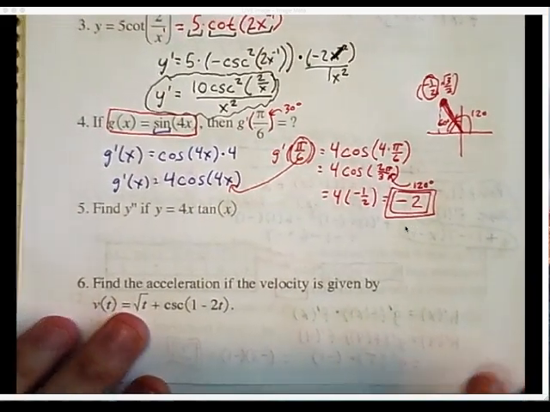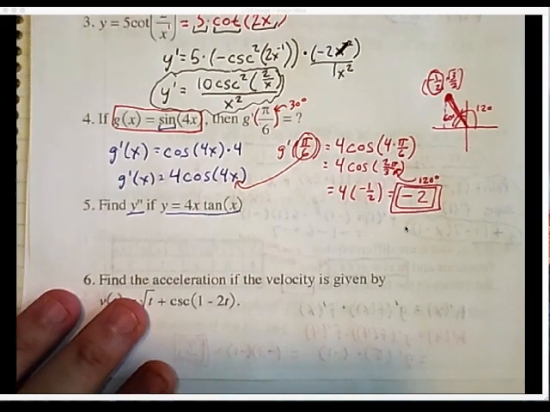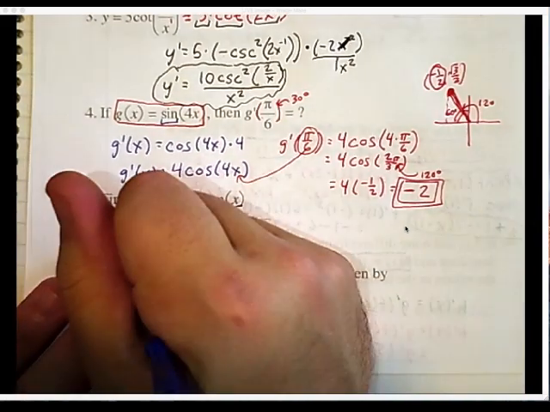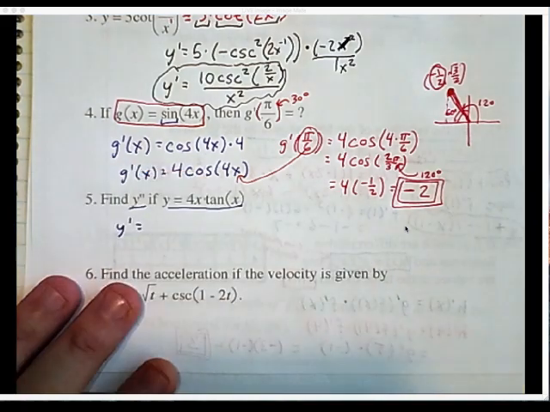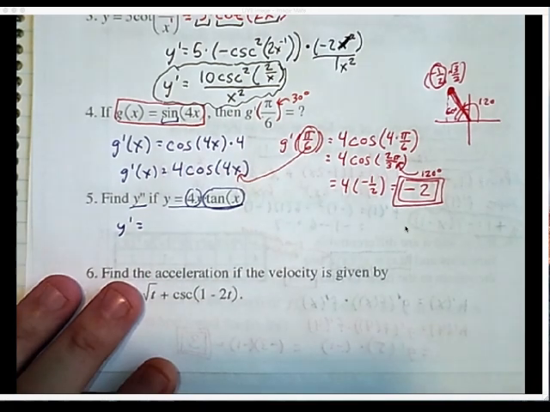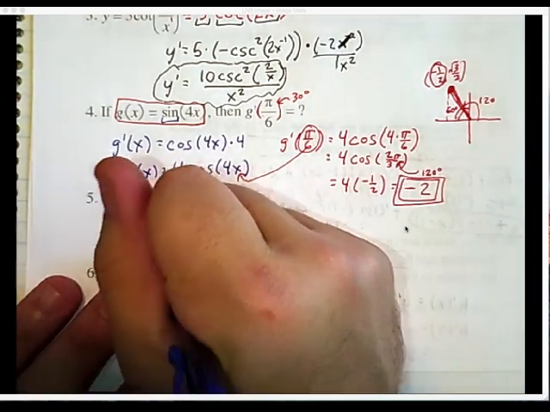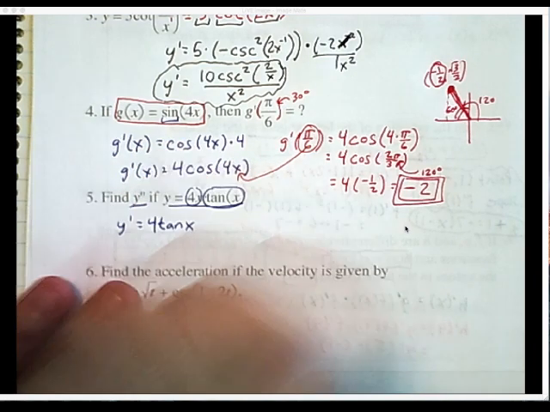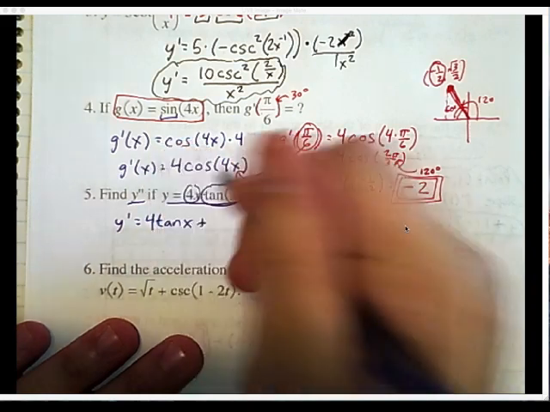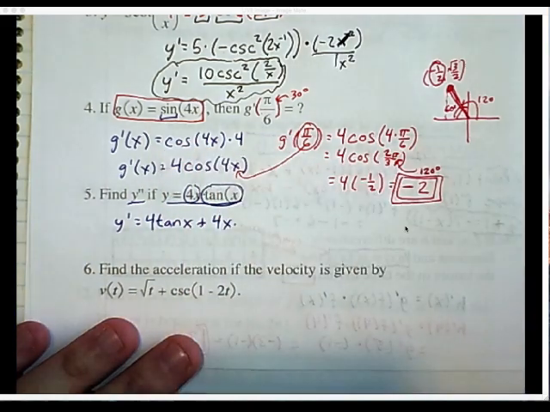Problem 5. Find the second derivative if the original function is that. So notice that's a product. So to find the first derivative, we've got to use the product rule. There's the first term, there's the second term. So we say derivative of the first, derivative of 4x is 4, times the second, always plus the first times the derivative.